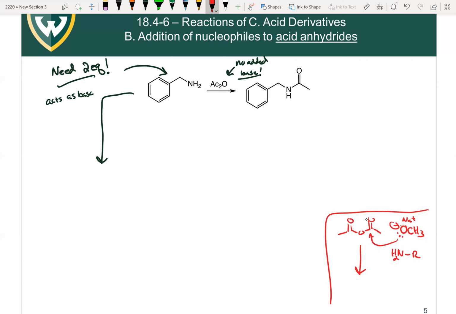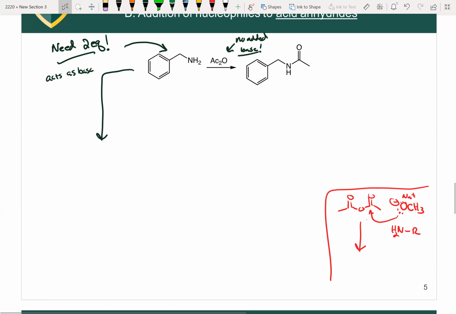What could happen is that it could attack faster, and we would get something like this instead of the desired product, which is the amine substitution. So we have to make sure when we're considering all this that our base is not so strong that it will react with our electrophile.